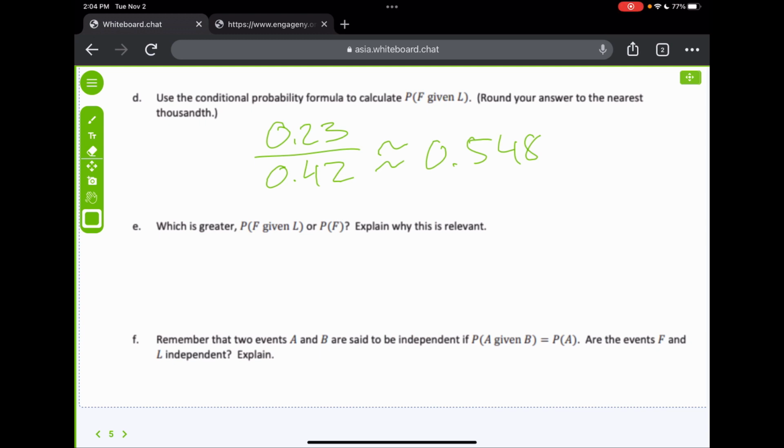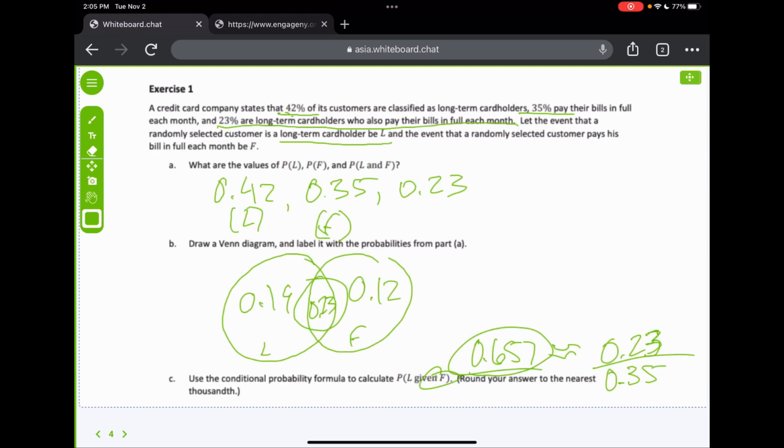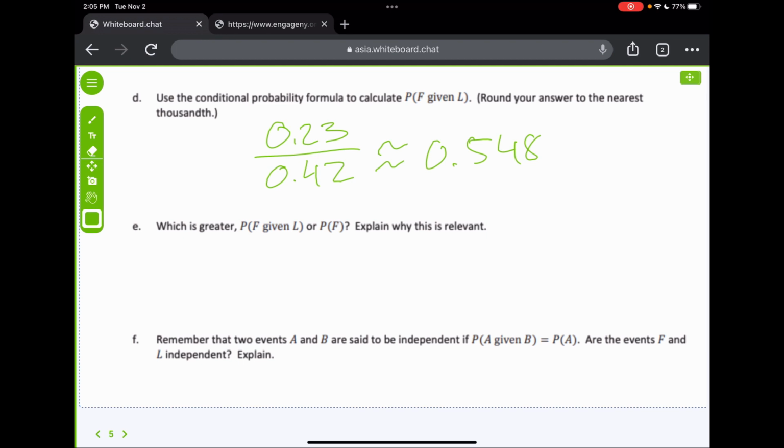So which is greater, F given L or the probability of F? Explain why this is relevant. Well, F given L was what we just had.